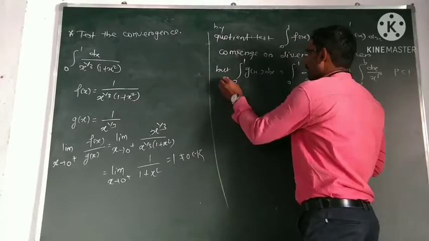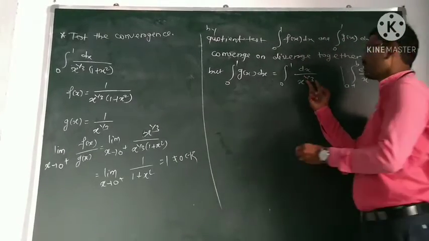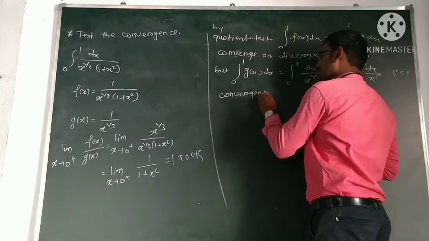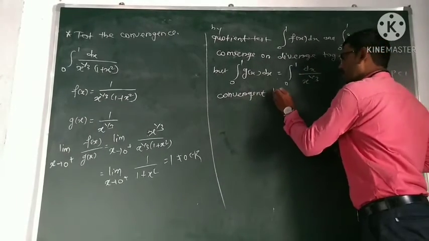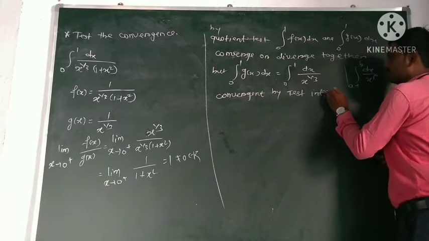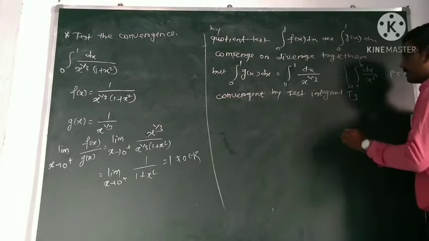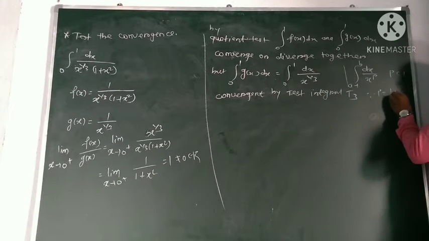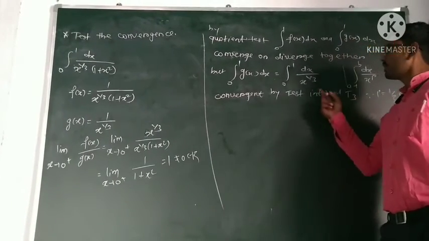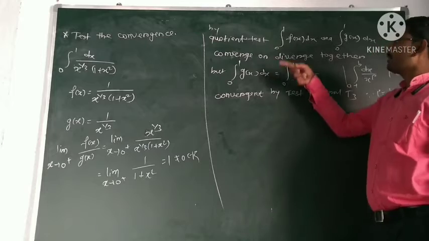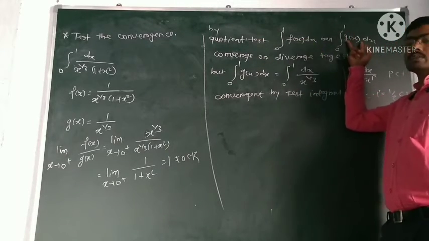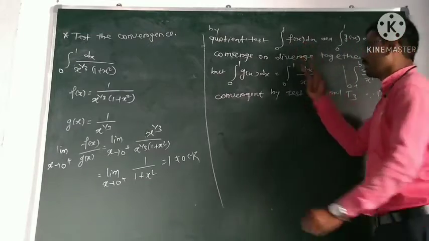So this improper integral is convergent by integral test P3, since here p is equal to 1 by 3, which is less than 1. So by the integral test, the integral of g is convergent, and by the quotient test both integrals converge or diverge together. But this integral is convergent, so this integral is also convergent.